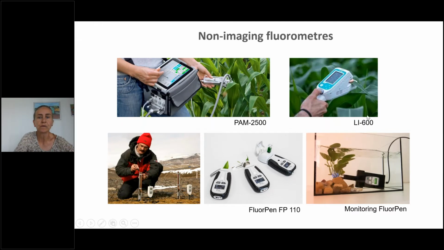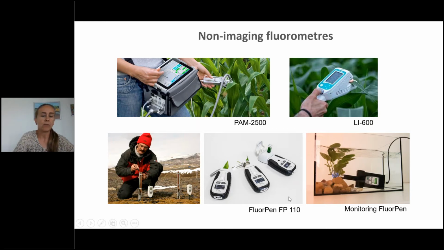Non-imaging fluorimeters, I just tried to pick up some representative examples. The more complex type of solutions that integrate both chlorophyll fluorescence as well as gas exchange measurements are, for example, tools from Licor and Walz. There are some tools by Licor that also integrate a porometer function into this type of measurement.